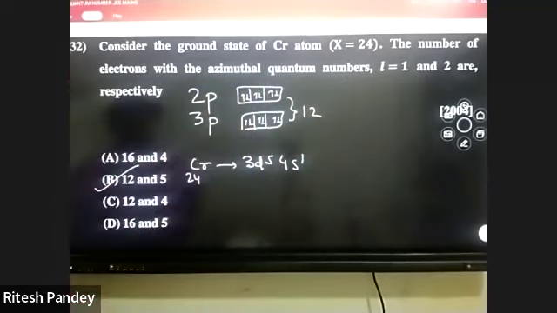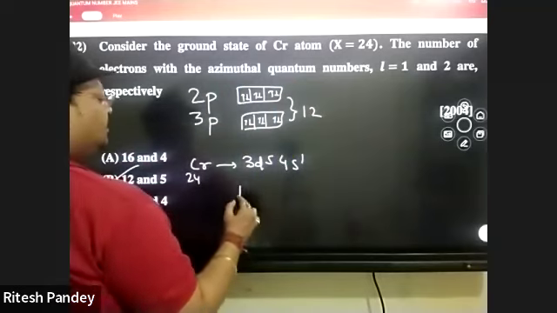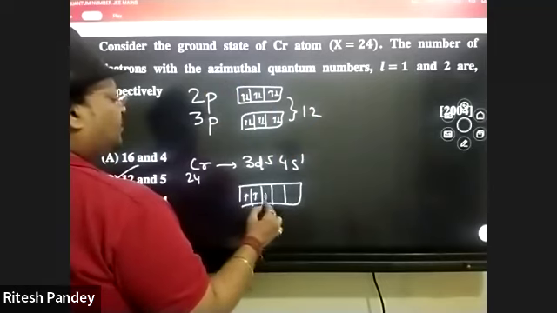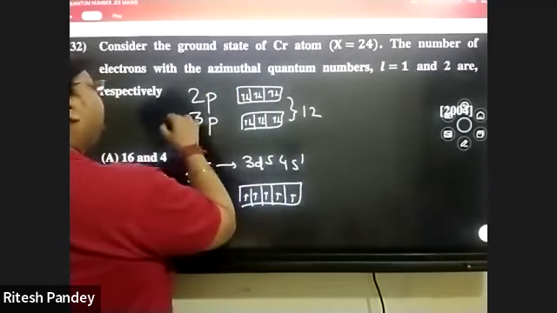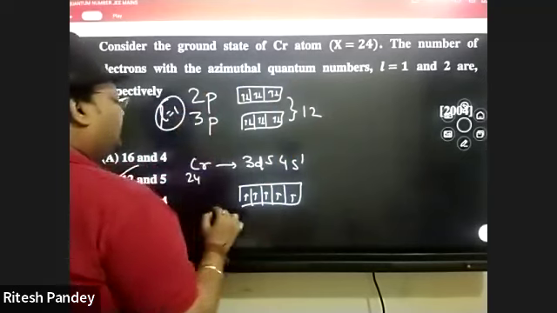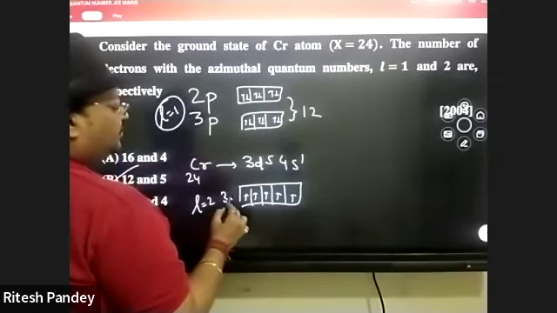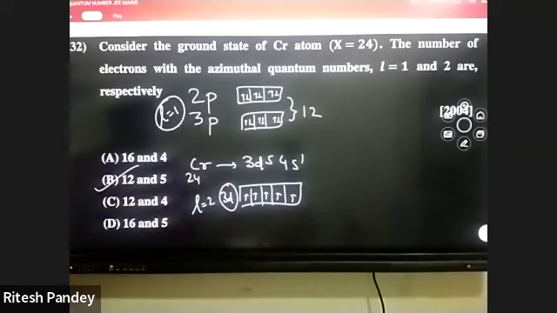For which we'll have azimuthal quantum number 1. And azimuthal quantum number 2 would be only for the 3d electrons, yes or no? This is for L is equal to 1 and this is for L is equal to 2. L is equal to 2, only 3d is a possibility. I think I'm being understood.